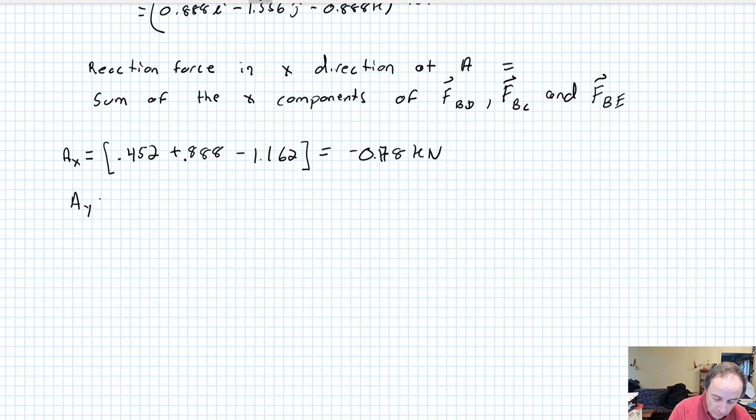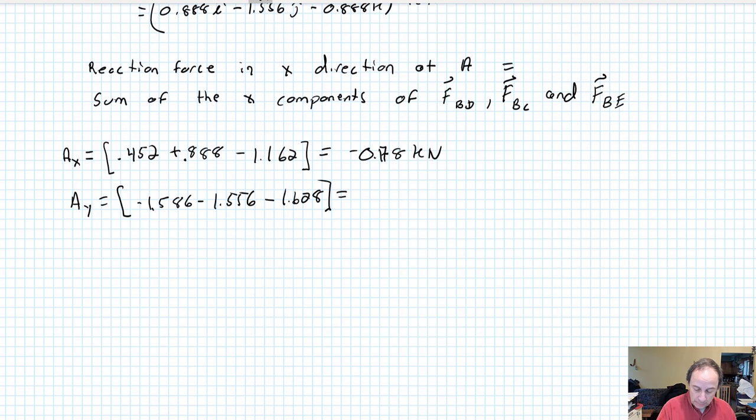The reaction force at Y is going to be the sum of the Y components of those vectors, minus 1.586 minus 1.556 minus 1.628, and that yields minus 4.77 kilonewtons in the Y direction.